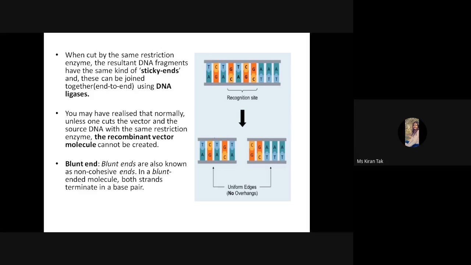The next is the blunt end. Blunt ends are also known as non-cohesive ends, and in this case both strands terminate in a base pair, and they are joined with the help of the enzyme ligase.